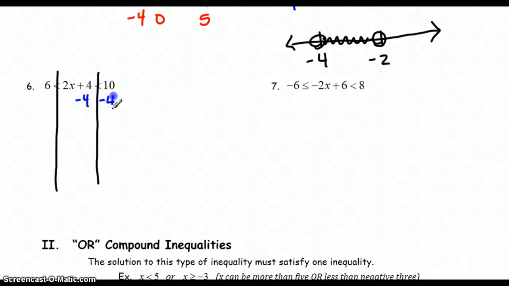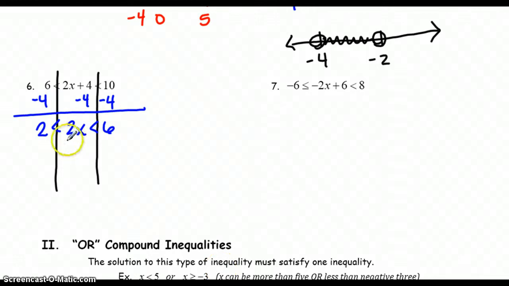So you subtract 4 from all 3 parts. And when we do that, we get 2 is less than 2x, which is less than 6. Now we have one more step, which is to divide all 3 sides by 2. And when we do that, we get that 1 is less than x, which is less than 3.